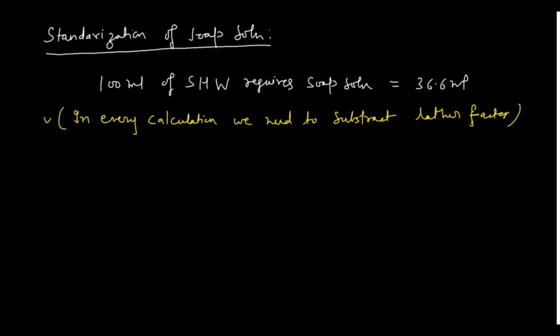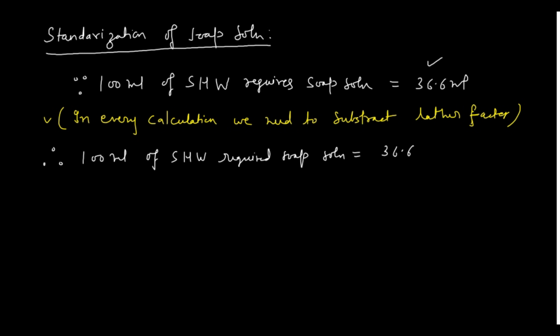So since 100 ml of sample hard water requires soap solution 36.6 ml, therefore after making this necessary subtraction of the lather factor, it should be like that. Therefore 100 ml of SHW required soap solution equals to how much? 36.6 given here, and 0.6 is the lather factor.